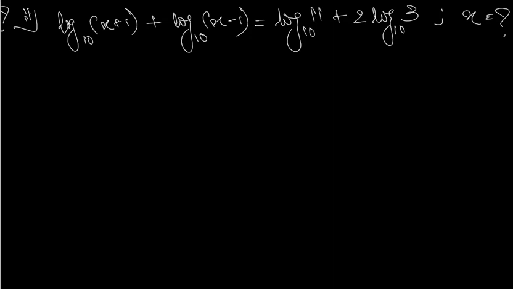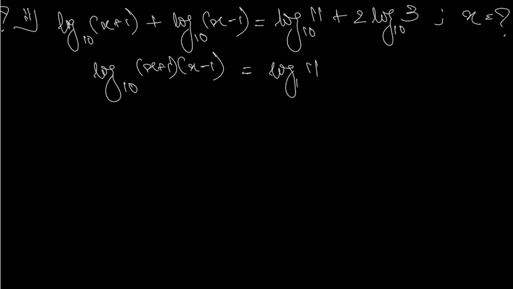Very simple. First we are going to apply the product rule, in reverse. If you've got log of m to the base 10 plus log of n to the base 10, it will get converted into log of m into n to the base 10. So this will become log of x plus 1 into x minus 1 to the base 10, and the right side will become log of 11 to the base 10 plus log of 3 square to the base 10.